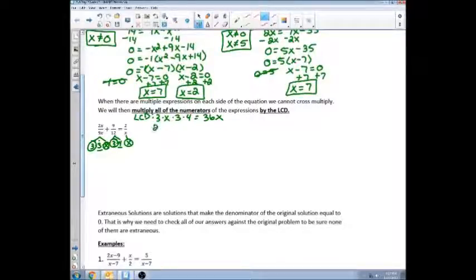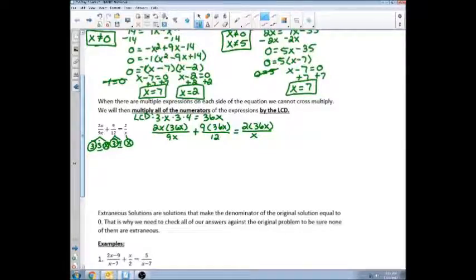So I have 2x times 36x over 9x plus 9 times 36x over 12 equals 2 times 36x over x. What I'm going to have to do now is simplify each fraction individually.